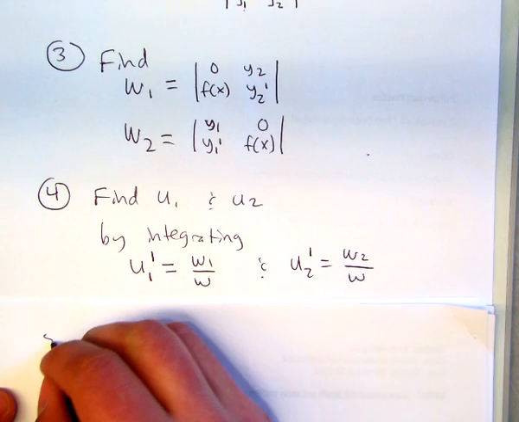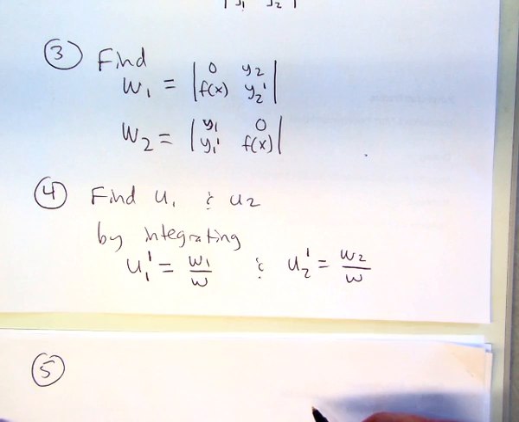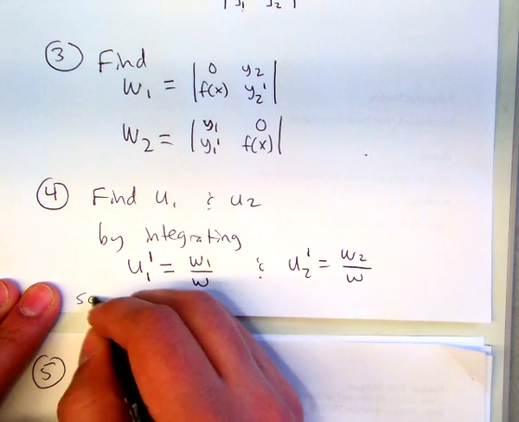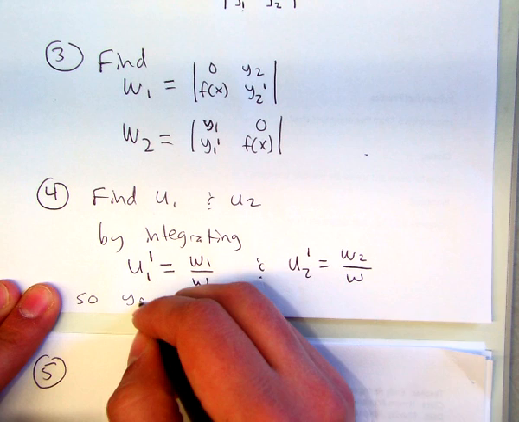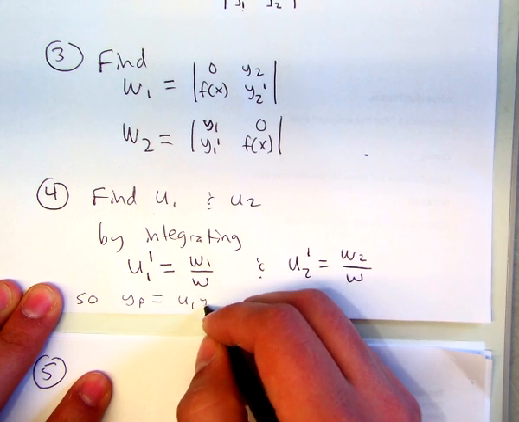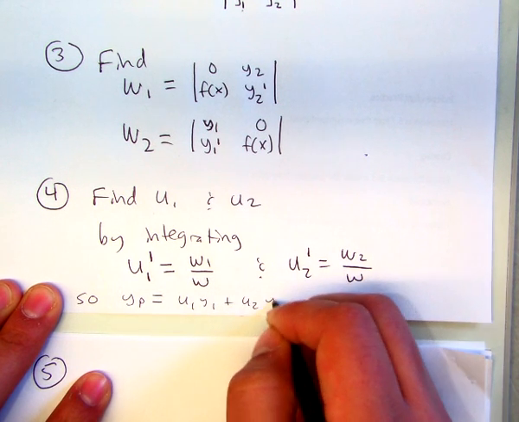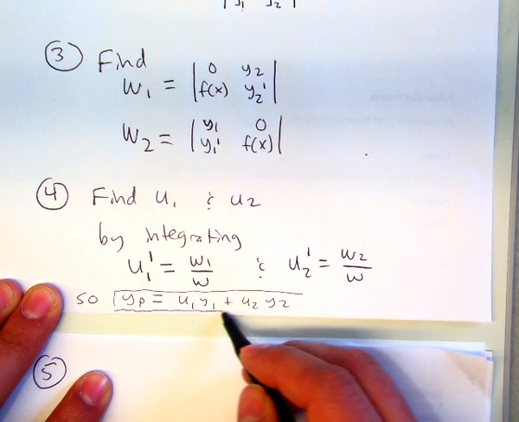And then lastly, oh, hold on. Let's add this into part 4. So once we have u1 and u2, we can put together the particular solution, which will be u1 y1 plus u2 y2, since that's how we defined the particular solution.